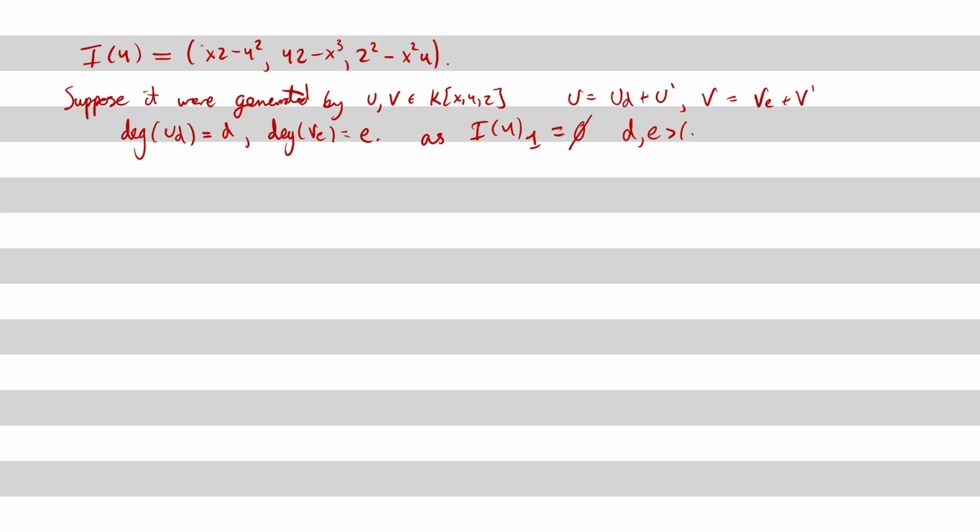What that means is every single one of these generators contains no linear parts. And by linear parts I mean x, x plus y, x plus 3y minus z, etc. I of y contains nothing of the sort, so D and E must be greater than 1.